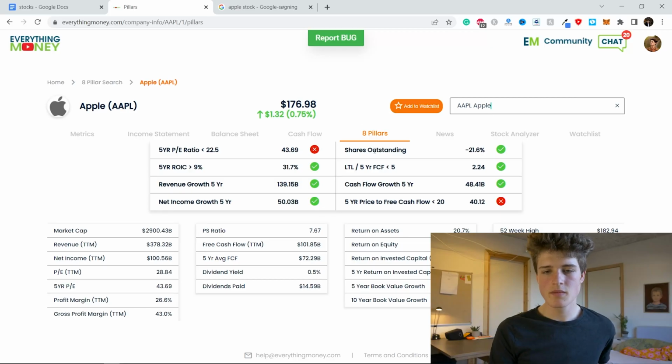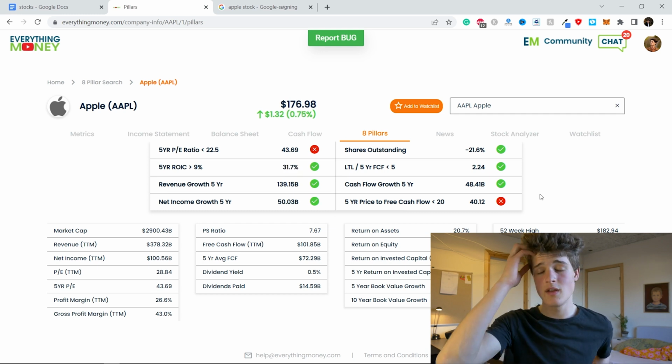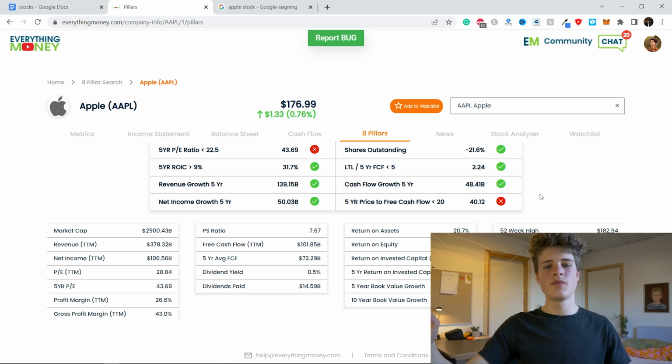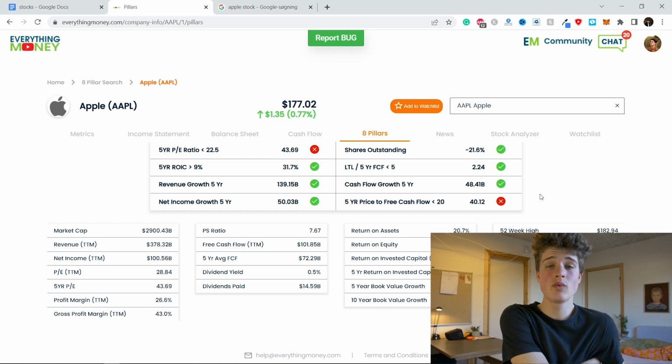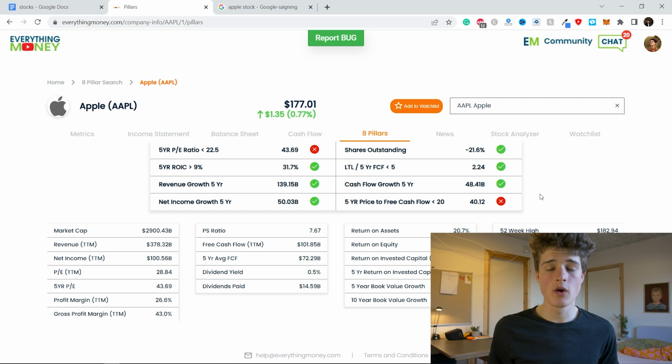He's generated a huge return, but it's now looking a bit overvalued. So you might ask, why doesn't he sell? Well, they're decreasing their amount of outstanding shares so much, and they are generating such a huge return on their invested capital. I think there are a couple of factors that make this a great hold for investors like Warren Buffett, that already have been really blessed in this company.